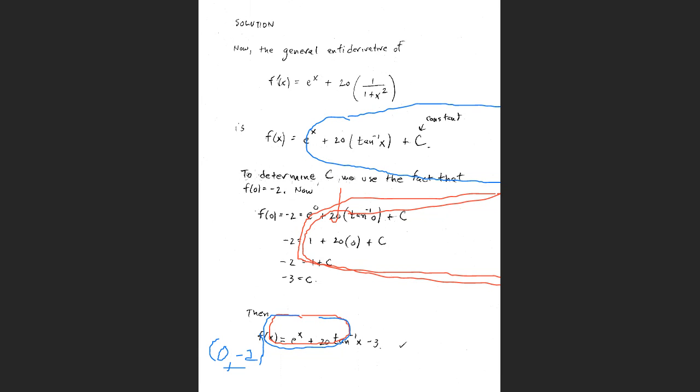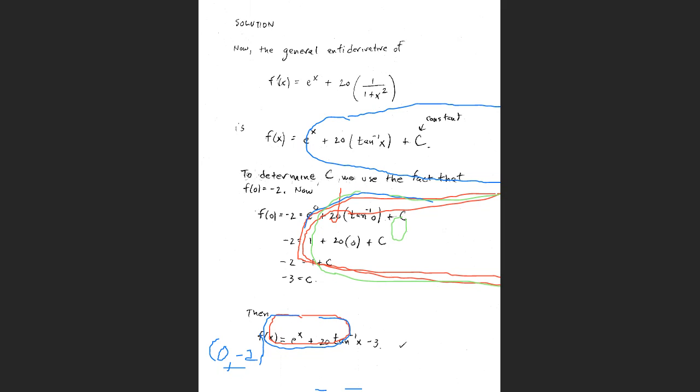And so what you do, you say, okay, f of 0 is equal to -2. Let me put x equals 0 into my antiderivative formula here. The x in the e to the x, I replace with 0.